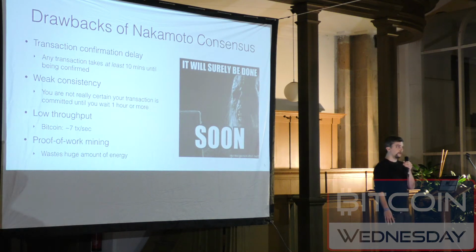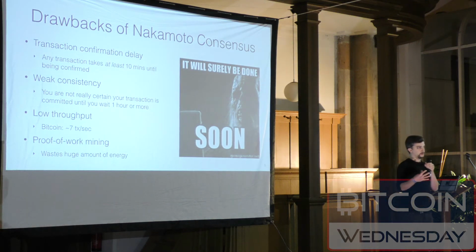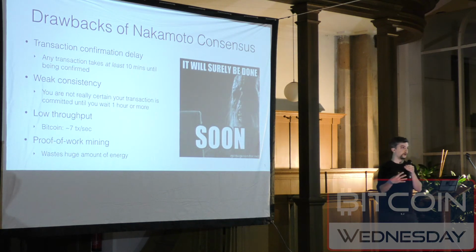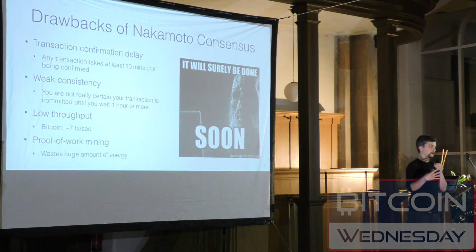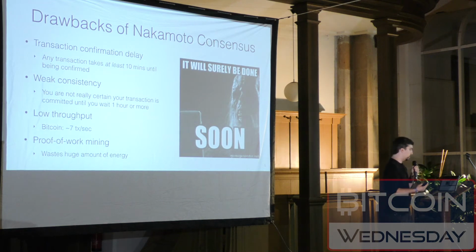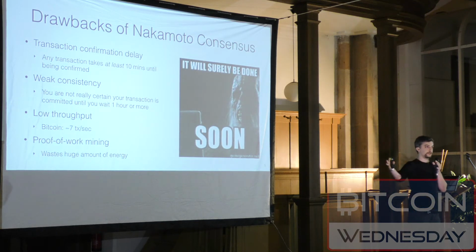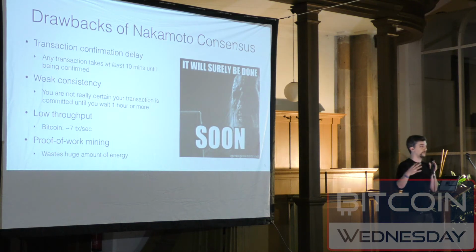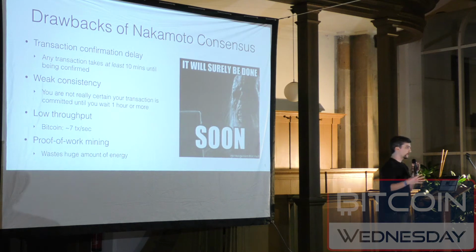But 10 minutes is often not enough, right? You have to wait multiple blocks before you can be sure that the transaction is actually confirmed. Because at the tip of the blockchain, forks can happen, because two miners at different points in the network might find different blocks simultaneously, and then you have a temporary fork. So this is a property which is also known as weak consistency.